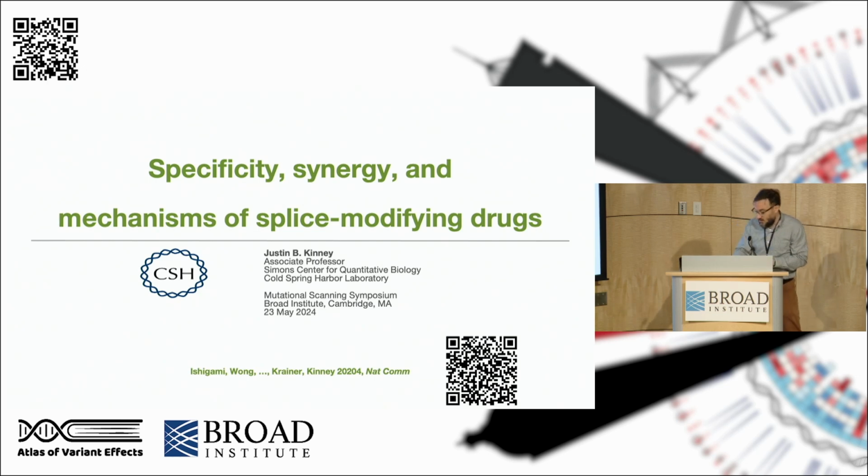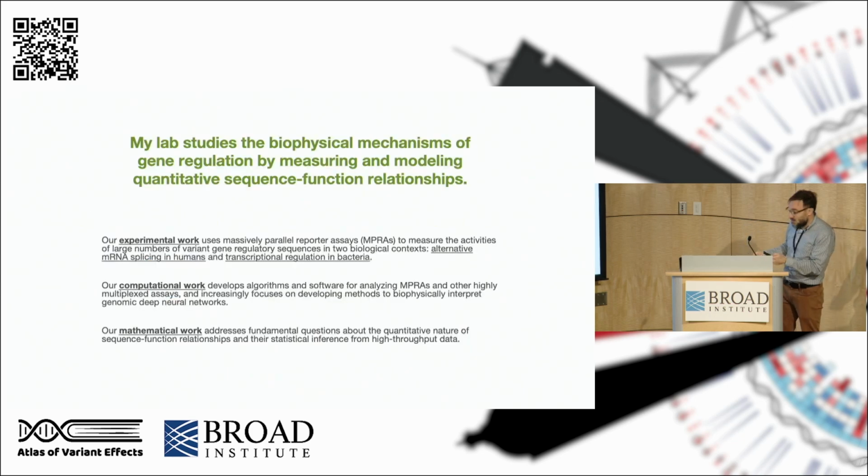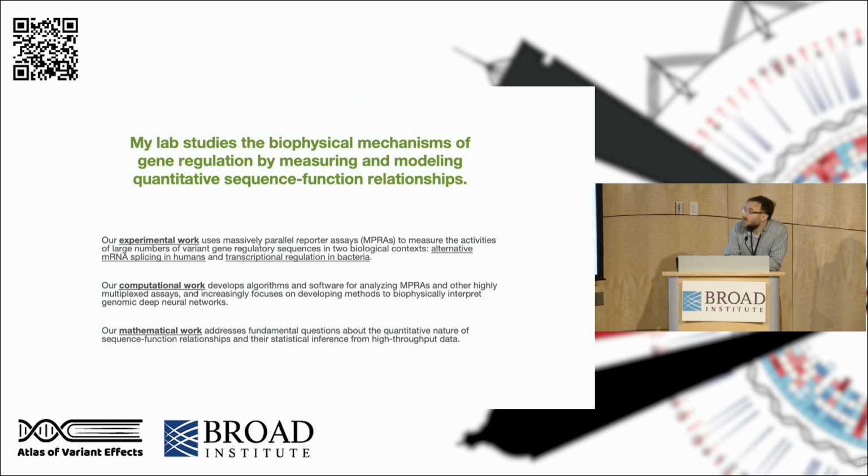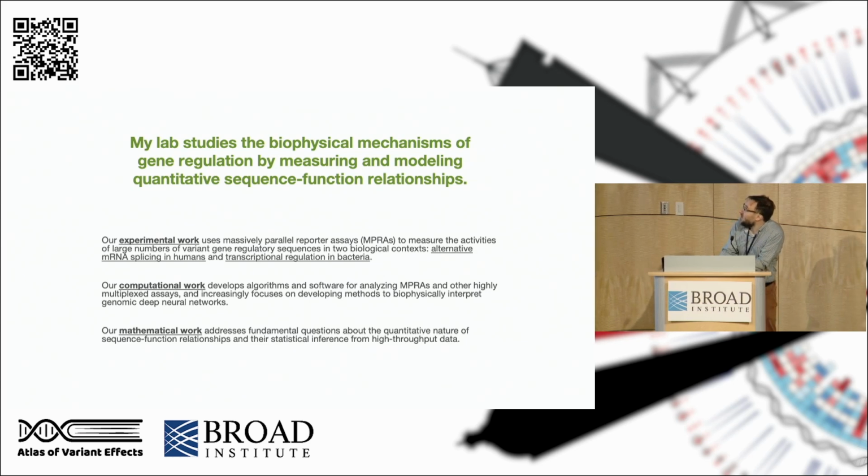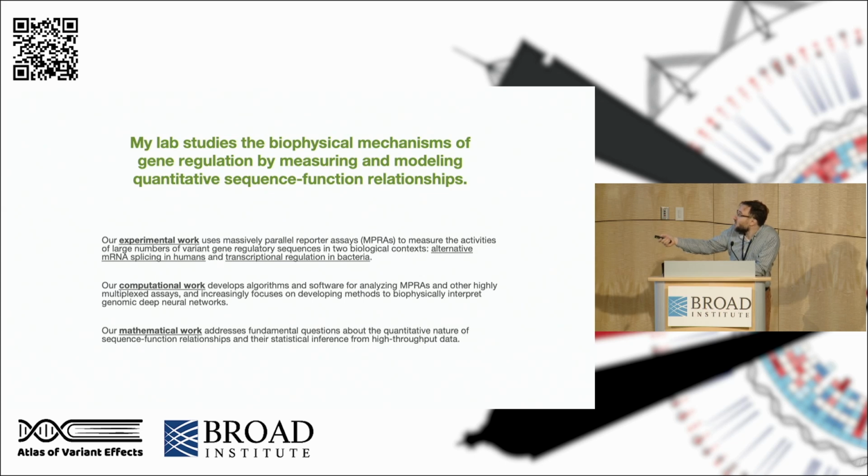So my lab studies the biophysical mechanisms of gene regulation. We do this by quantitatively measuring and modeling sequence-function relationships. Our experimental work uses massively parallel reporter assays to study gene regulatory sequences in two biological contexts: alternative mRNA splicing in humans and transcriptional regulation in bacteria.